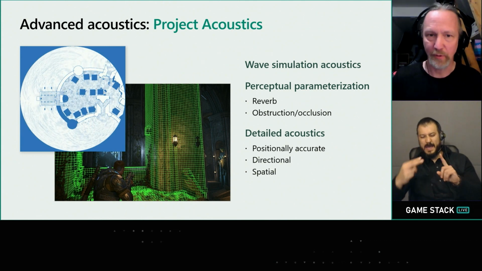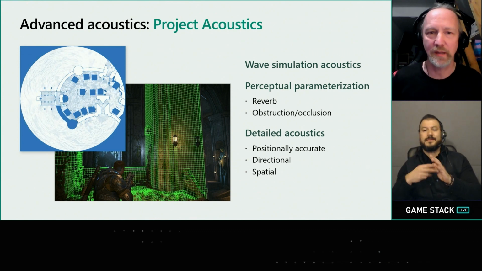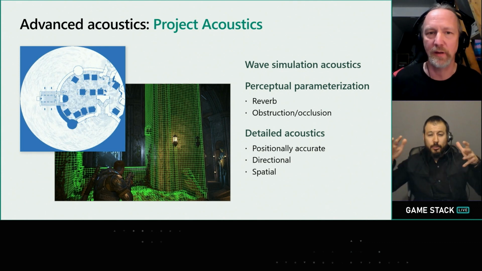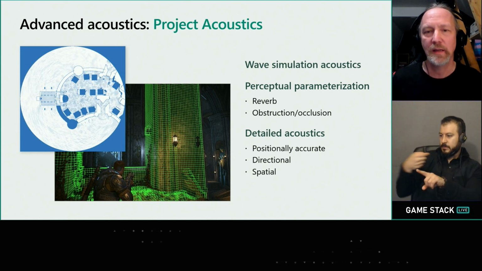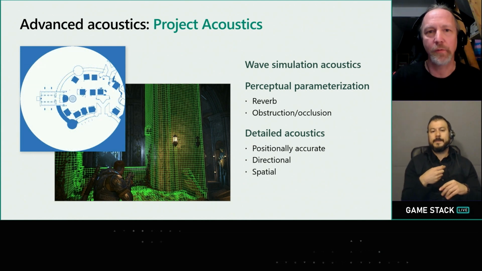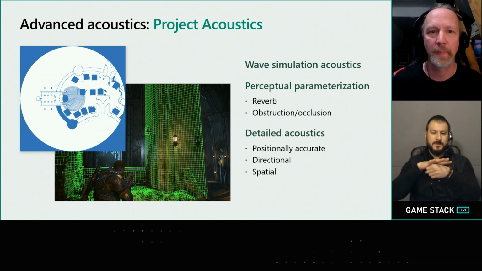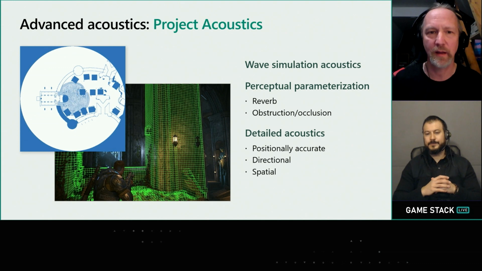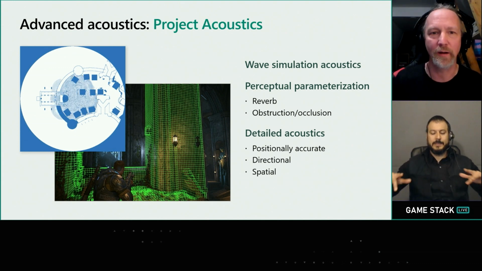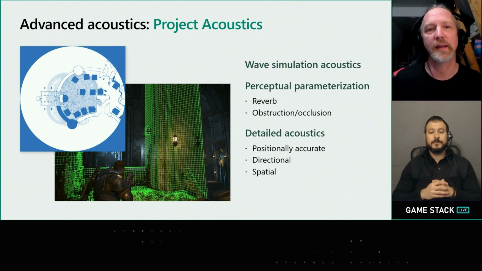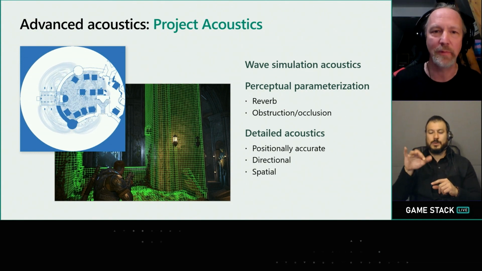These are parameters that help define how reverberant a space is, how obstructed a sound emitter is, and the direction that the sound comes from. It gives you this data set for the entire geometric area of the game level. It's positionally accurate, it's directional, and it's spatial, which we'll talk about in a little while. So it's very highly accurate information about the acoustical space in a game.